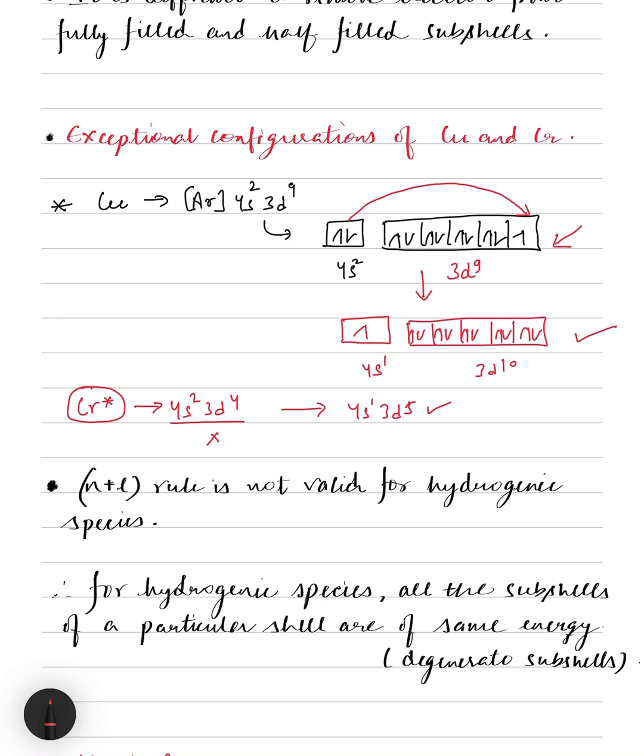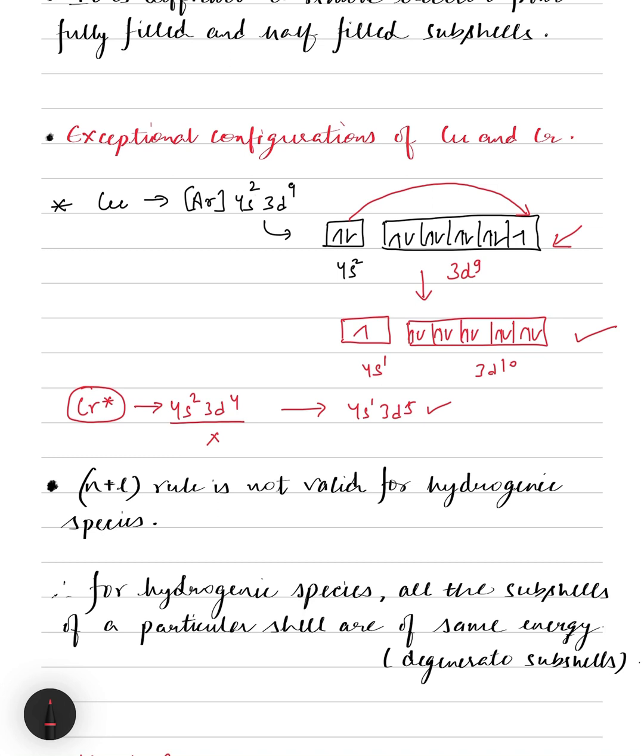Now an important point is that this n plus l rule, which we have applied in the case of the Aufbau principle, is applied only to multi-electron species. This is a very important understanding of the Aufbau principle. That means the species which have more than one electron.